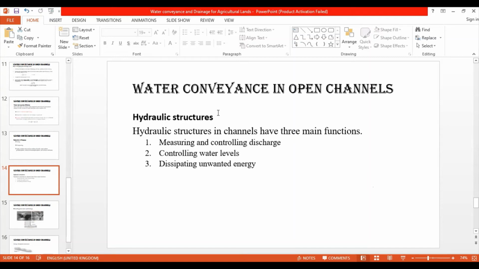The next thing that we'll look at now is what we call hydraulic structures. Once you have done your open channels, there are other things you need to do to make sure that your channels are working efficiently.